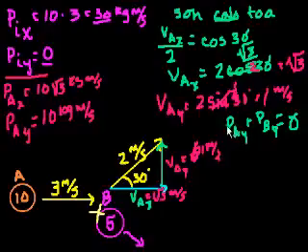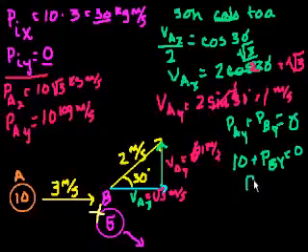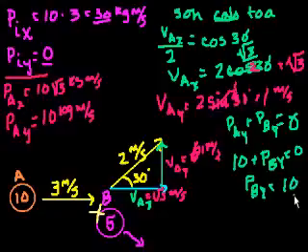We know the momentum of A in the y direction is 10 kilogram meters per second, plus the momentum of B in the y direction is equal to 0. So solving for this, just subtract 10 from both sides. So the momentum of B in the y direction is equal to minus 10 kilogram meters per second. You know the units.